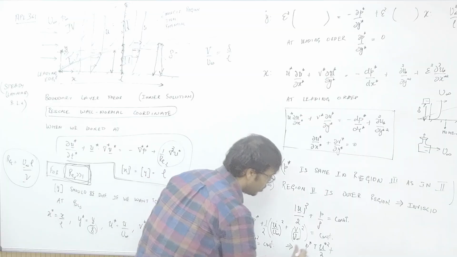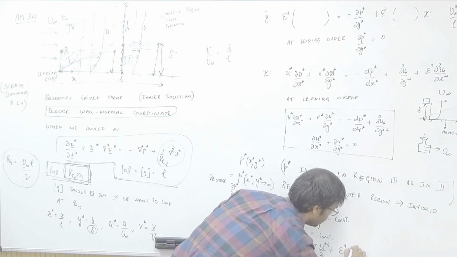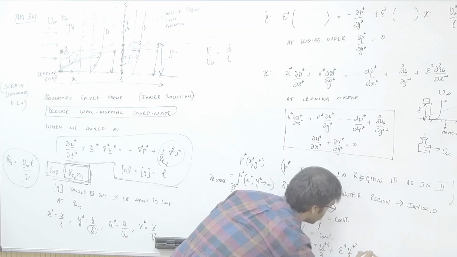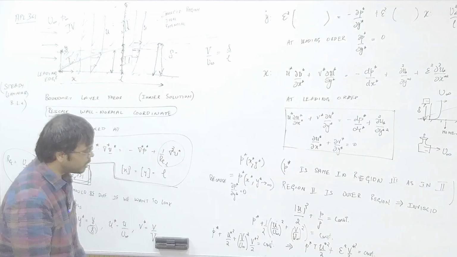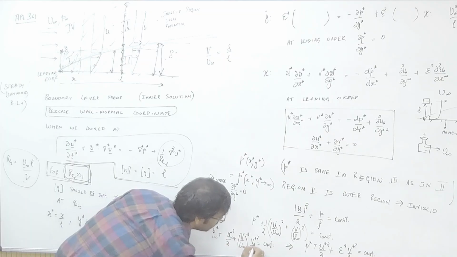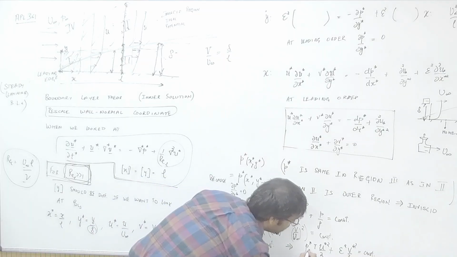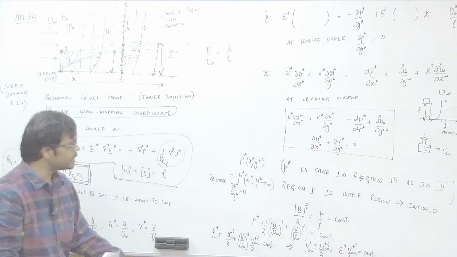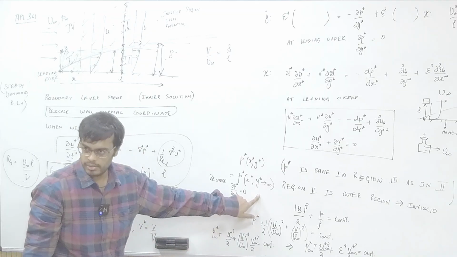Epsilon. So epsilon square v star square by 2 equals constant. Now I am going to put a subscript of infinity to highlight that these are not values at any x comma y, these are values for y tends to infinity.